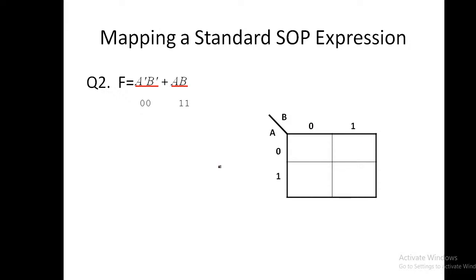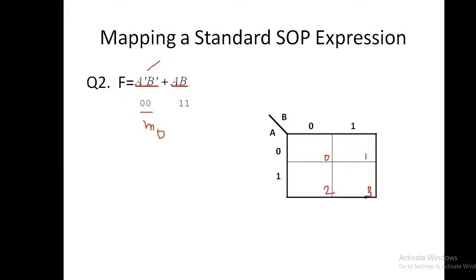If you have a Kmap like this, we should put ones where the min terms are. If A bar B bar is there, that means it is 0 0, and this defines min term 0. I told you the values, so write it down: 0, 1, 2, 3.